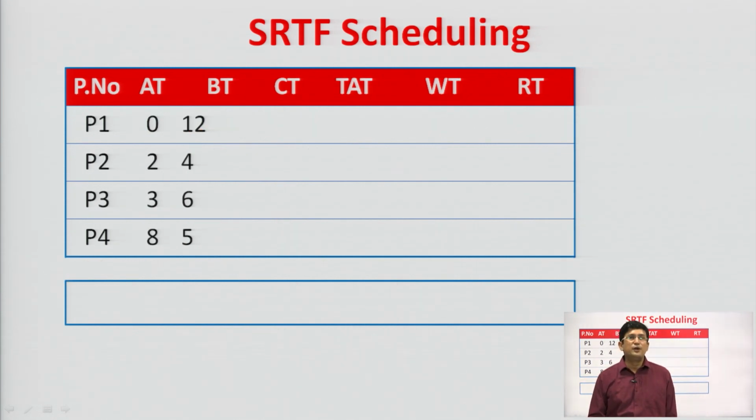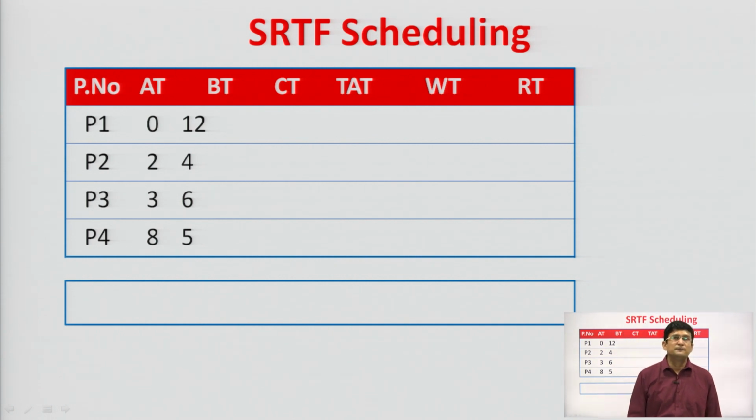So, we have several numericals, you can note them down to solve. For example, in this you can see that a very big process has come in the beginning, the P1 process with 12 units of burst time. Other processes arriving at time 2, time 3 and time 8 are smaller ones. So, we will be preempting the P1 process and giving the CPU to the other processes. P1 will be given the CPU for 2 units of time, then it will be preempted, and the next time we give the CPU to P1 will be after the execution of P2, P3 and P4.